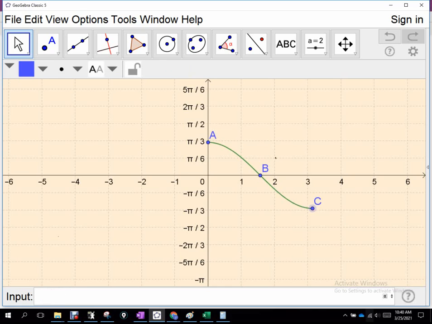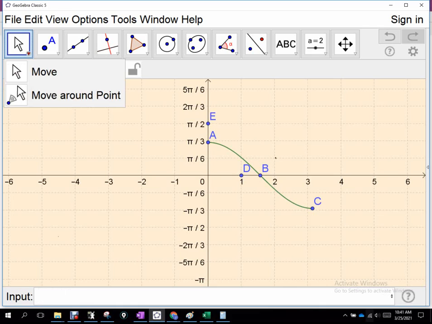If I take A and invert it, so 0, 1 becomes 1, 0. Take B, which is at pi over 2, 0, so it goes 0, pi over 2. And I take C, which is at pi, negative 1, it becomes negative 1, pi. I invert those points.